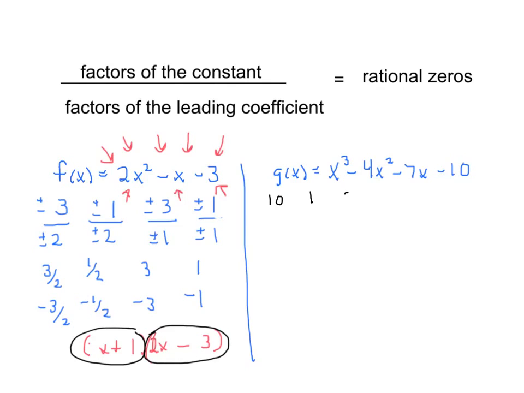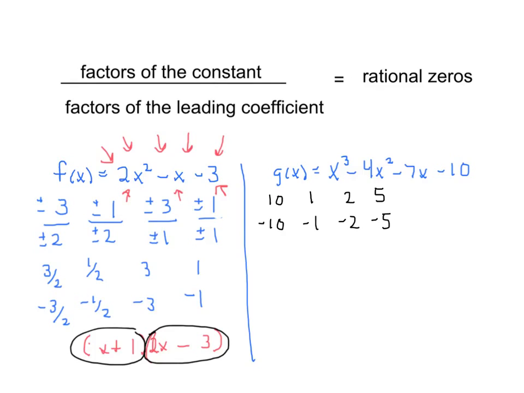and 2 and 5, and the factors of our leading coefficient are all just 1, so we would be dividing by positive and negative 1, which means we'd end up with 10 over 1 or -10 over 1, 1 or -1, 2 or -2, 5 or -5.